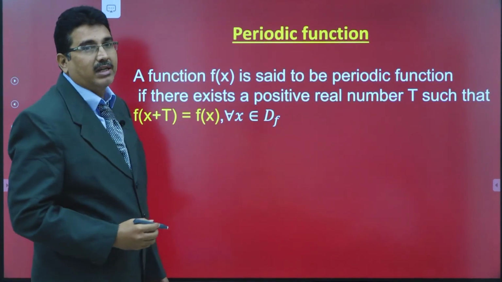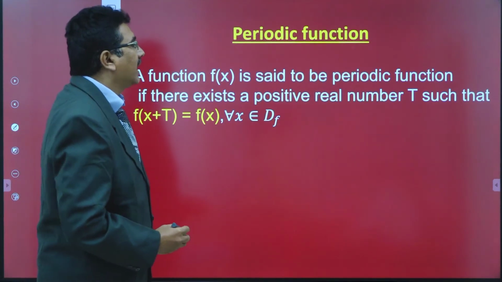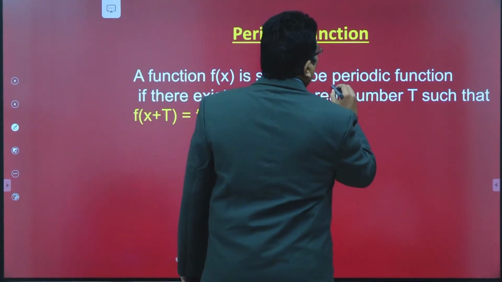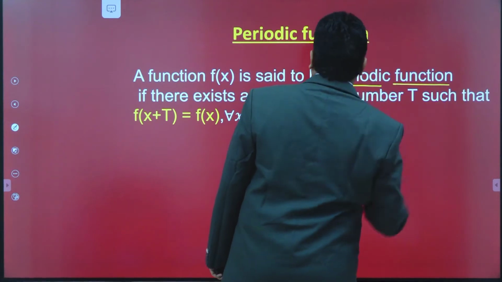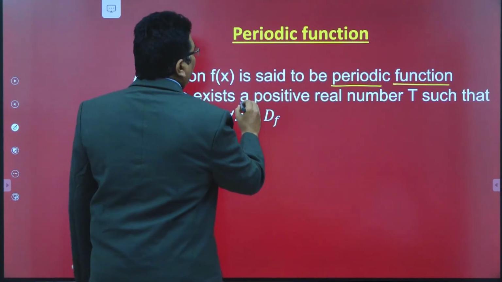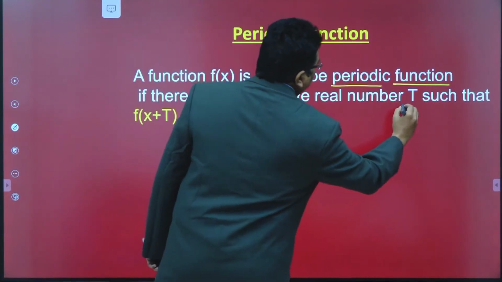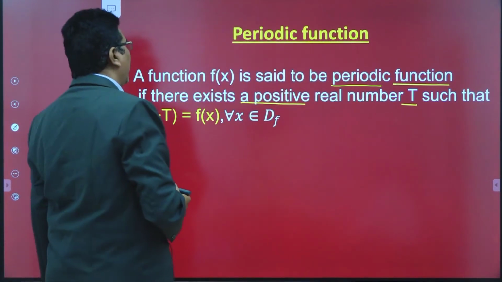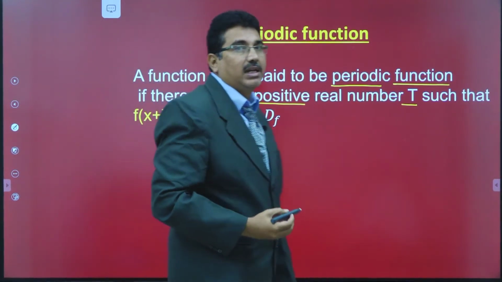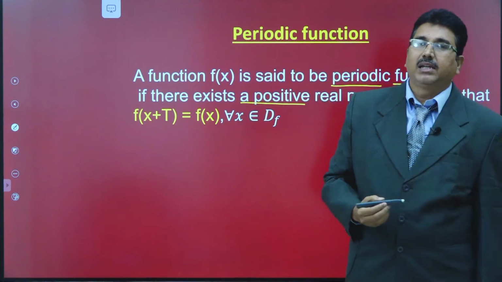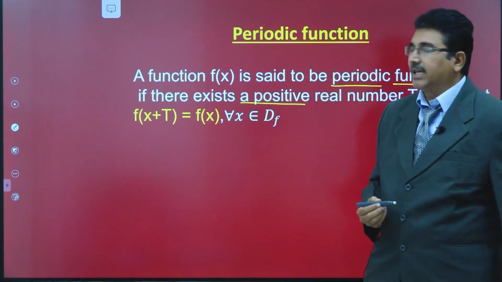A function is said to be a periodic function if there exists a positive real number t such that f of x plus t is equal to f of x.